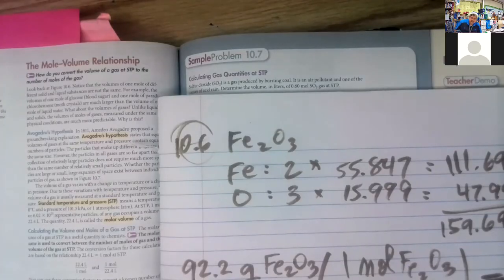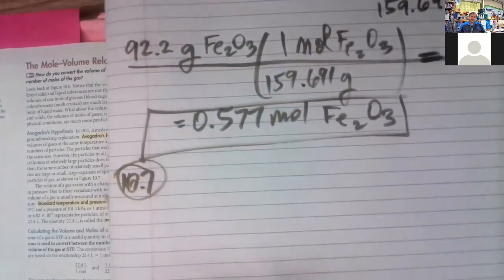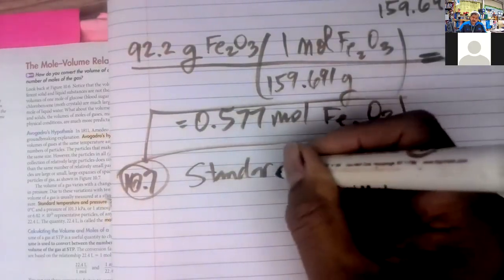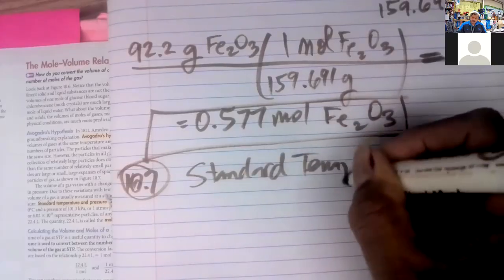All right, so it's an air pollutant and one of the causes of acid rain. Determine the volume in liters of 0.6 moles of SO2, that's sulfur dioxide, gas at STP. Now, we haven't done STP yet, but STP means standard temperature and pressure.